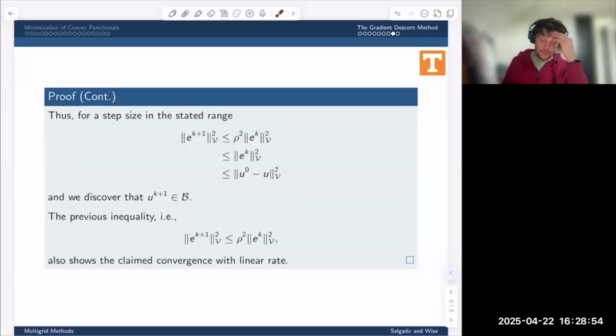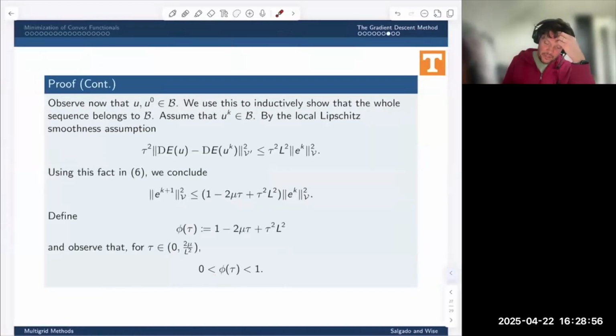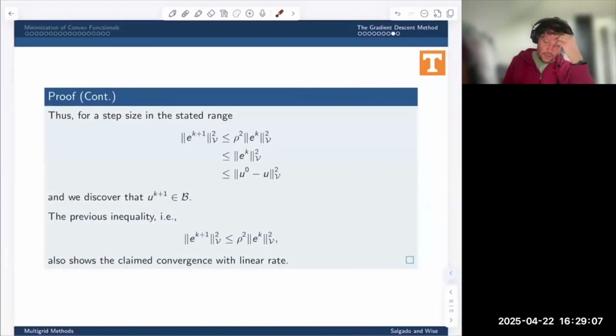All right, so if that's true, what have we shown? If that's true, then I claim that this number, which we call rho, should be less than 1. And so I get a contraction here.